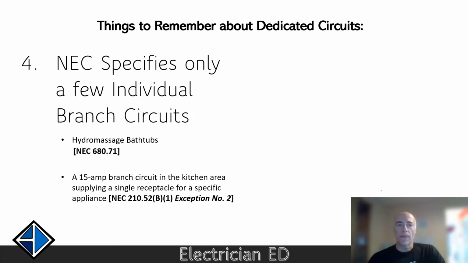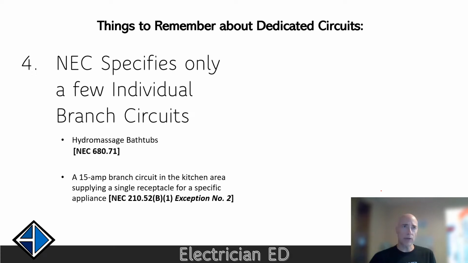Okay, next, if you have a 15 amp branch circuit in the kitchen area, sometimes a refrigerator will be put on a 15 amp branch circuit on its own dedicated circuit. It wouldn't have to necessarily be a refrigerator, but usually that's where we use that exception. Because normally anything in the kitchen has to be a 20 amp small appliance branch circuit, if it's in the kitchen, dining room, or other similar rooms.